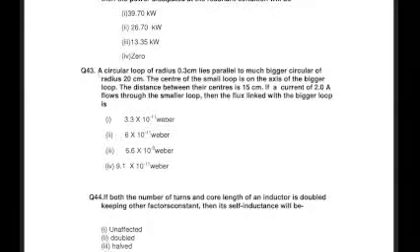Question number 43. A circular loop of radius 0.3 centimeter lies parallel to a much bigger circular loop of radius 20 centimeter. The center of the small loop is on the axis of the bigger loop. The distance between the centers is 15 centimeter.